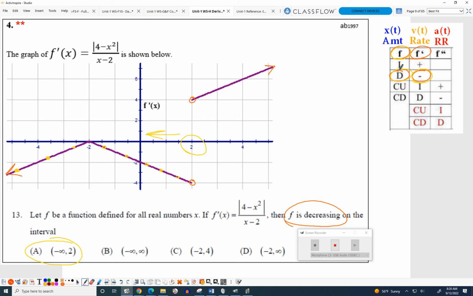Okay? And the chart reminds us of how to figure that out. It says, oh, can't see f. That's okay. I can't see what f looks like. But I can see what f prime looks like. And anywhere that f prime has a negative y coordinate, f prime tells us how f is changing. So if f prime is negative, f has to go down.